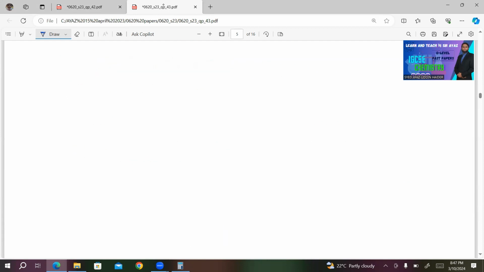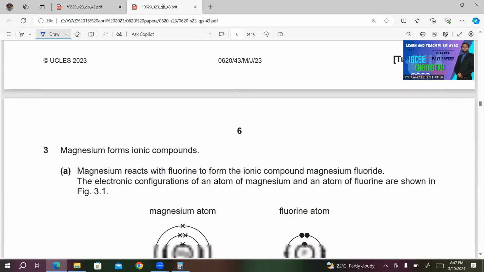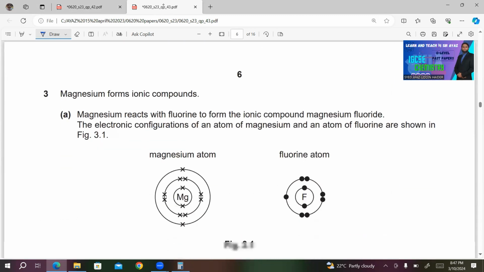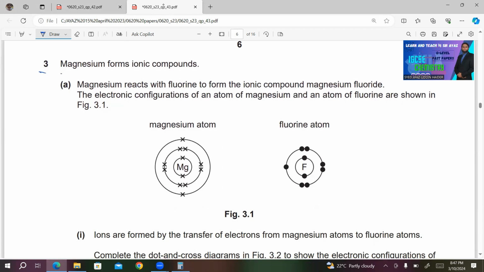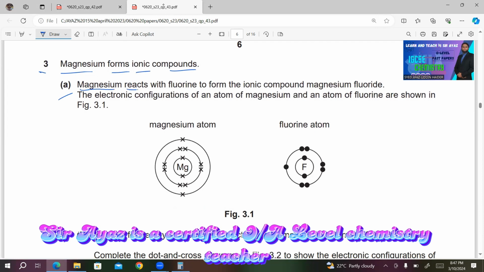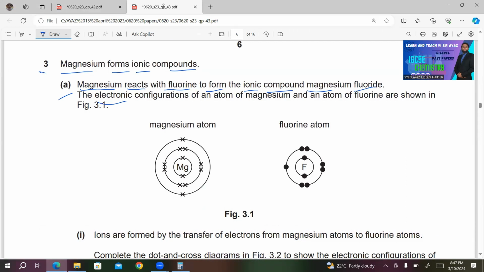Question number 3. Magnesium forms ionic compounds. A. Magnesium reacts with fluorine to form the ionic compound magnesium fluoride. The electronic configurations of an atom of magnesium and an atom of fluorine are shown in figure 3.1.